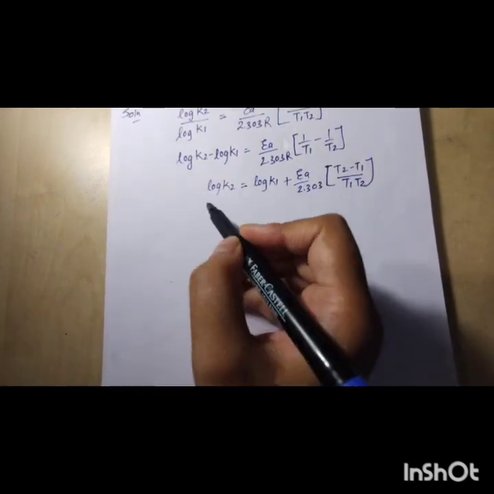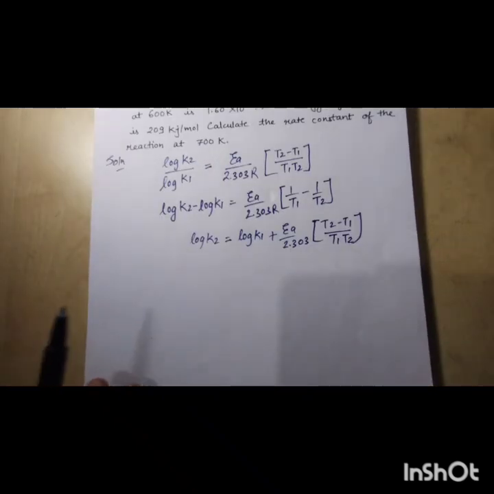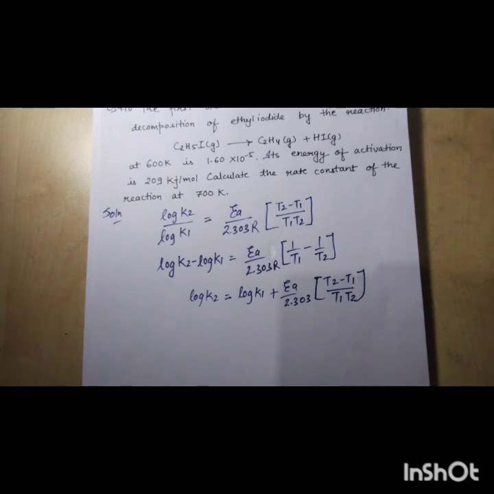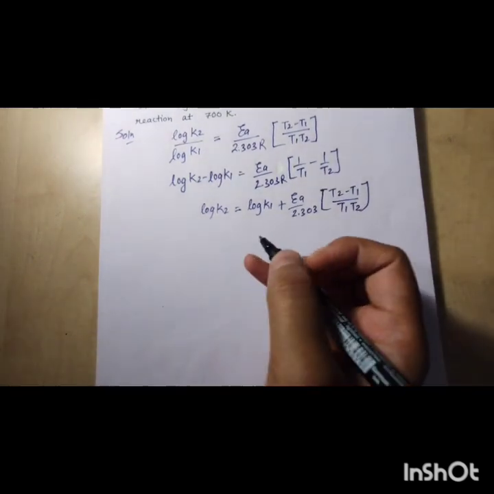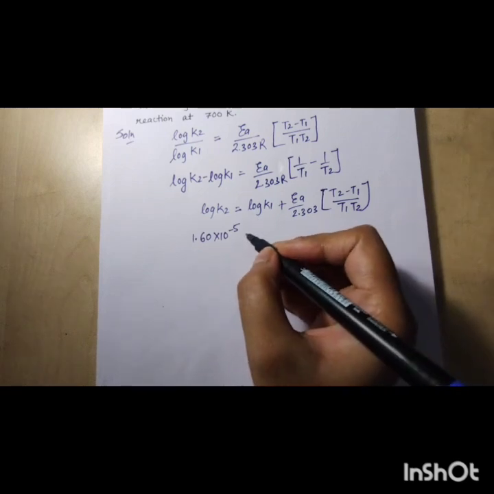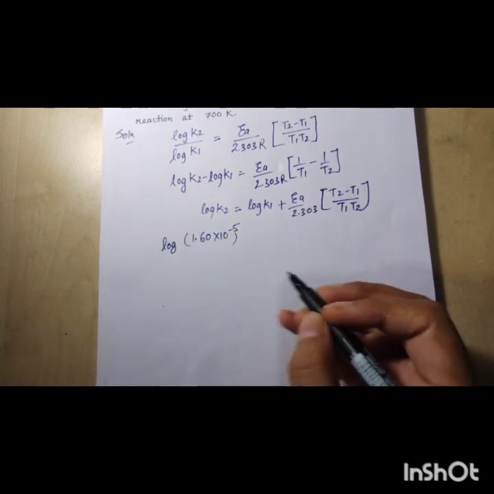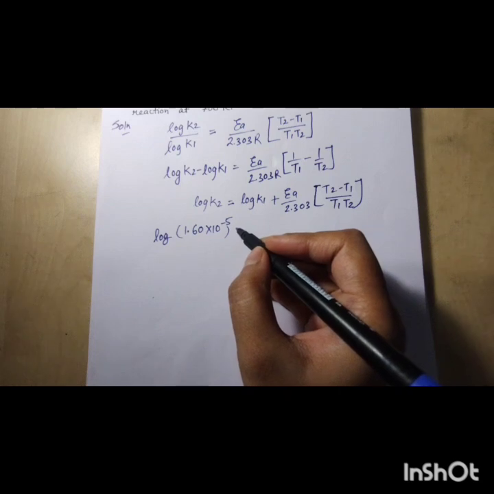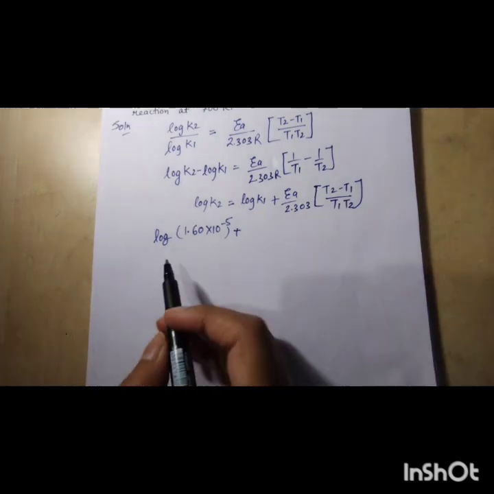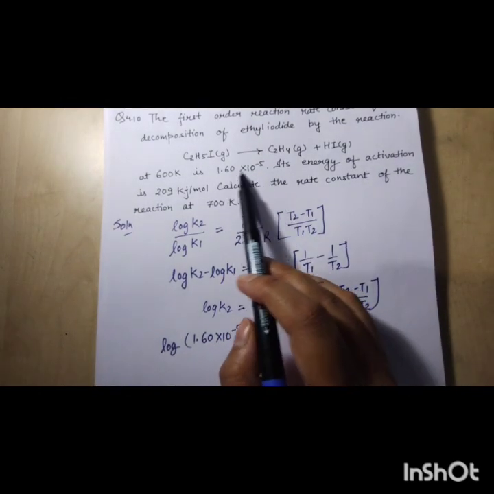After putting all the values, log K2 is given... Sorry, this is the log K1 value, as this is the initial rate constant, 1.60 into 10 to the power minus 5.